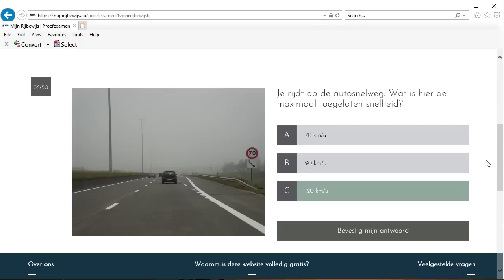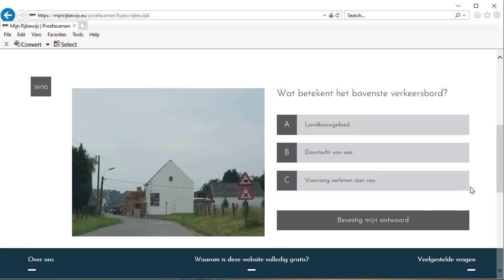What is the meaning of the top traffic sign? Option A is agriculture area. Option B is the cattle can be on the road.